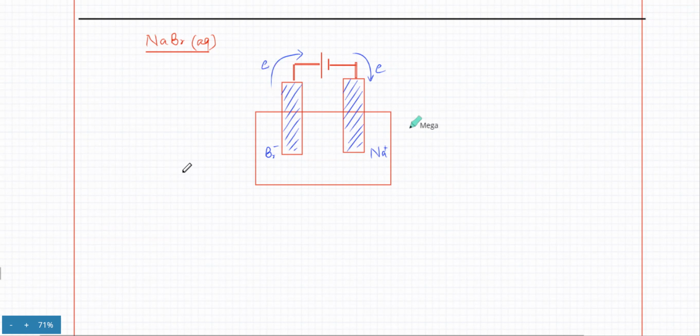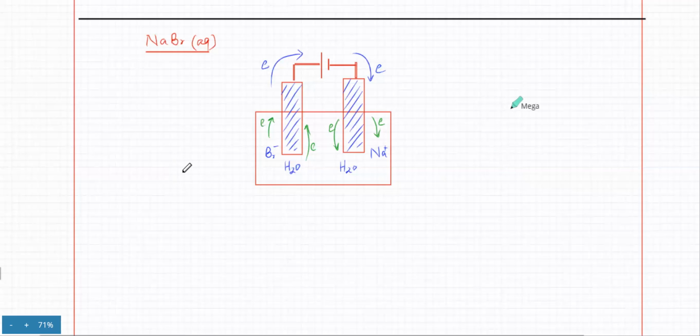What other things would be present? Water molecules would be present on both sides. So we need to figure out who gains electrons, whether it's Na+ or H2O. And over here, I need to figure out who loses electrons, whether it's H2O or Br-.